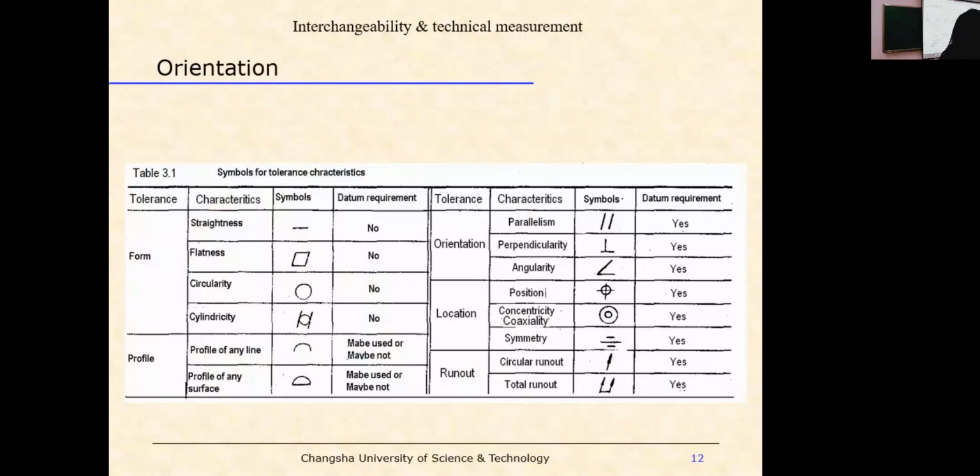This is the orientation. So like the form and the datum, right? The datum features, because it's to describe this form, the form tolerance. But for the orientation, when it is parallel, it means that some features need to be parallel to another feature, right?